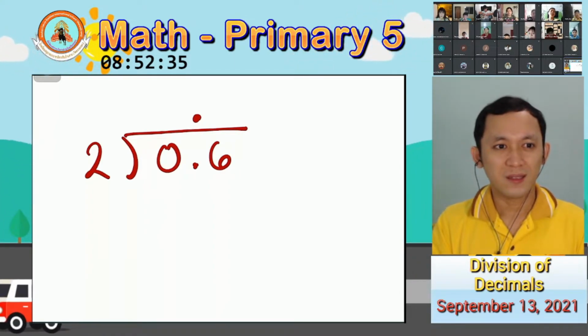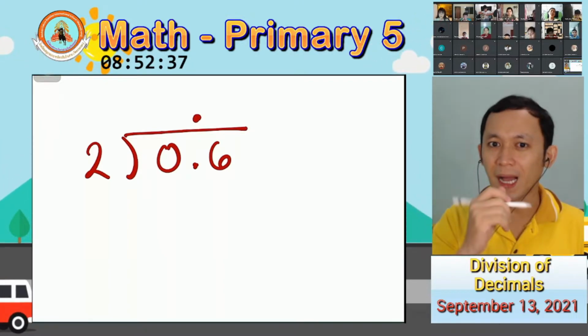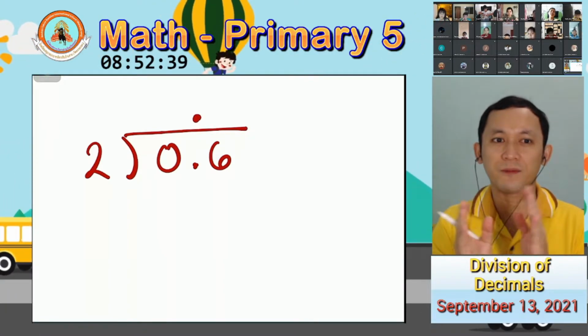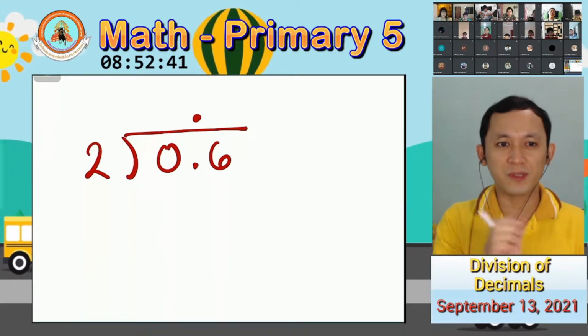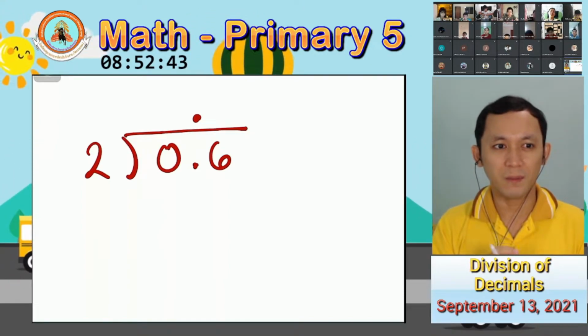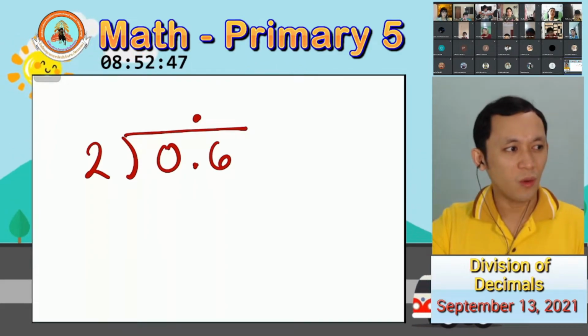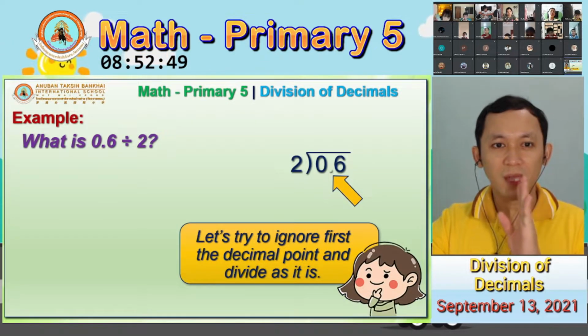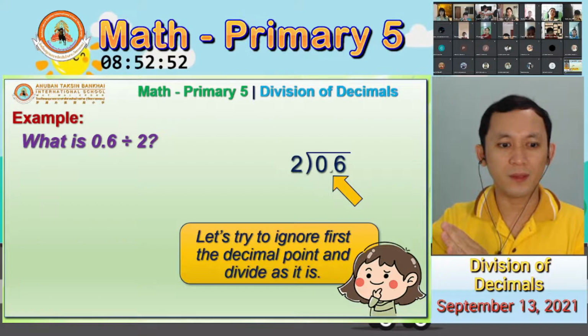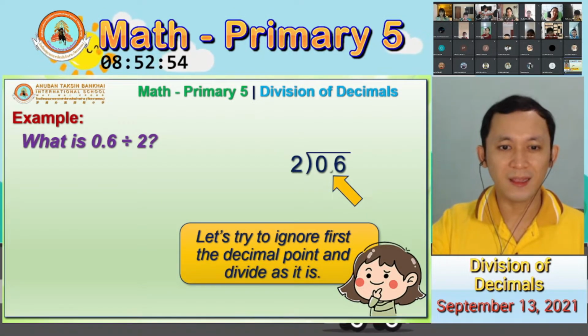I can write that one above so that I will not forget the exact position of my decimal point, and you can just divide it normally. Or if you want, you can ignore the decimal point first and write it later.